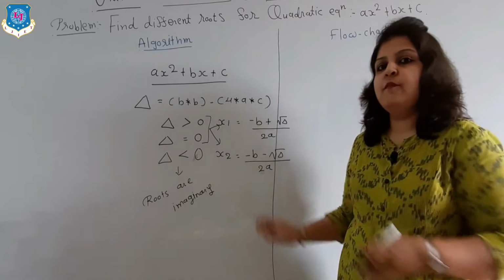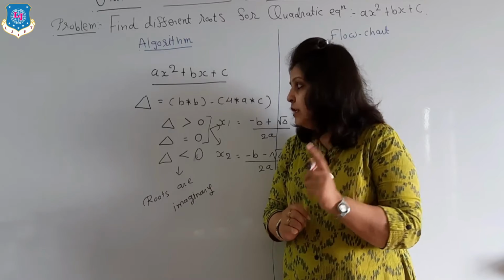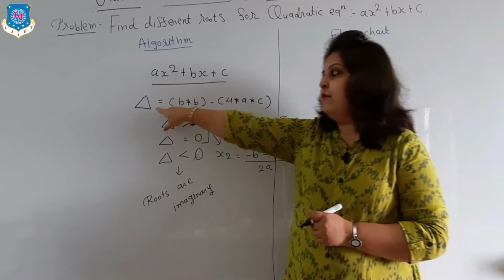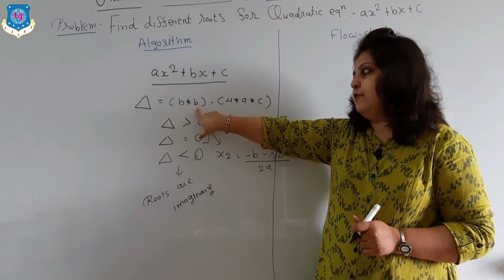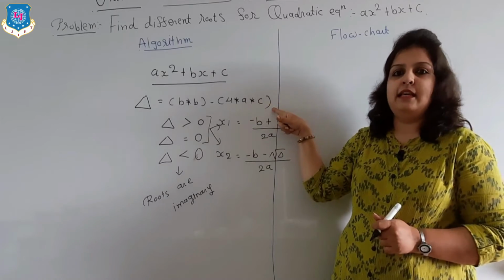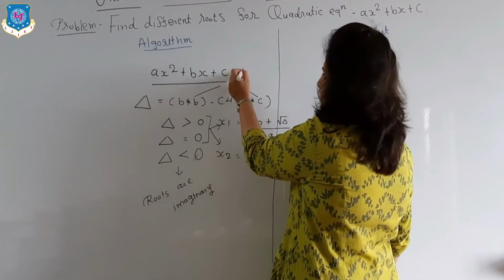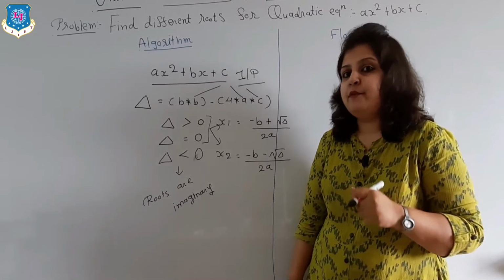So this is the whole process we have to write in our algorithm. First, what will be the input for this problem? Here we have to find the delta, and for finding delta we require the values of b, a and c. So a, b and c are our input. Then what will be the process?